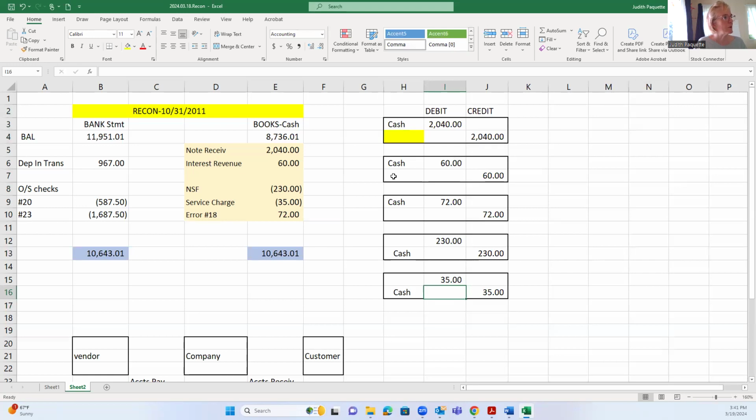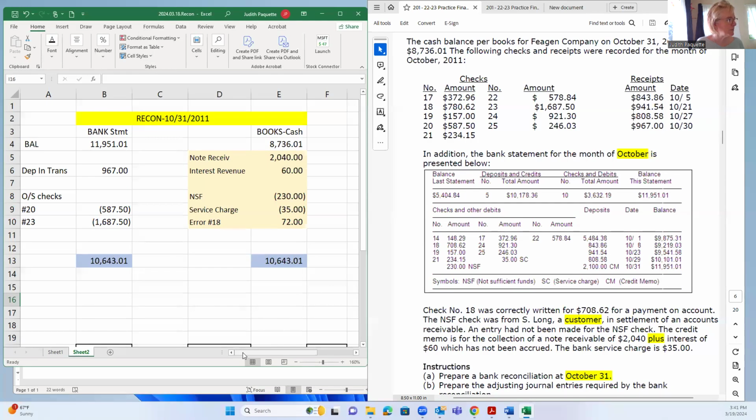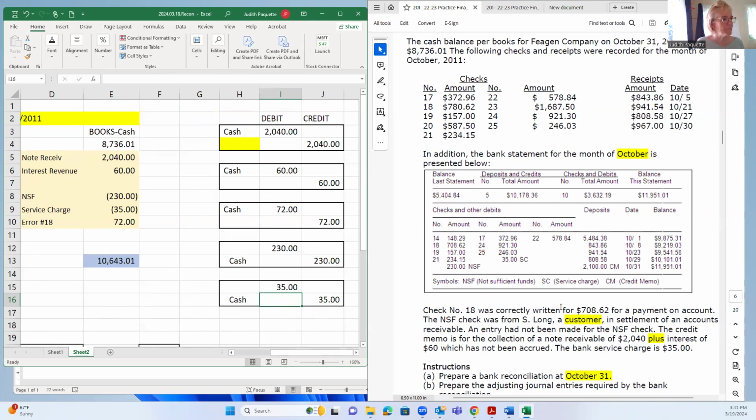All right, so this was a collection of, and the problem tells you this was a collection of a note receivable. The credit memo is for the collection of a note receivable. Read the problem. It might say accounts receivable, so just be mindful. You want to get it right. So it's telling you what the offsetting account is, note receivable.